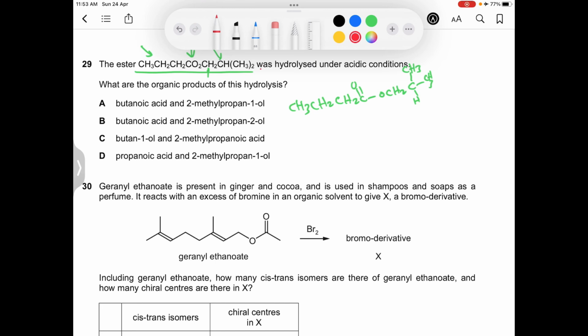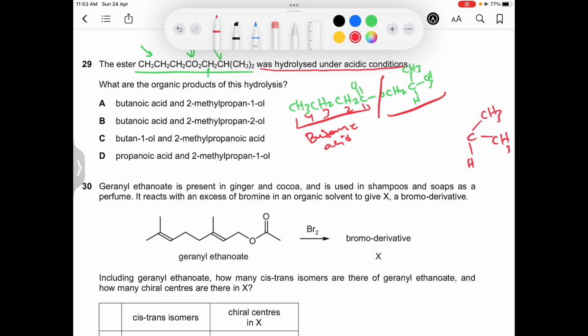It says that it was hydrolyzed under acidic conditions. You will get them back to carboxylic acids and alcohol. So we'll take it here. This will change to carboxylic acid. And generally it's 1, 2, 3, 4. It's butanoic acid. And here it will change to alcohol, you will have CH3, and you have H, CH2, and the OH is here, right?